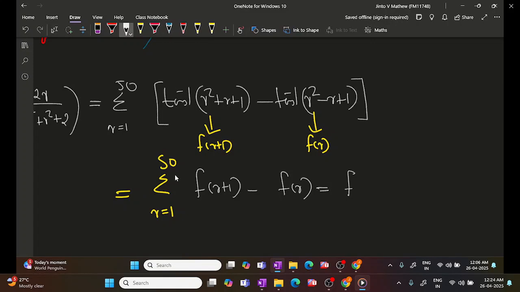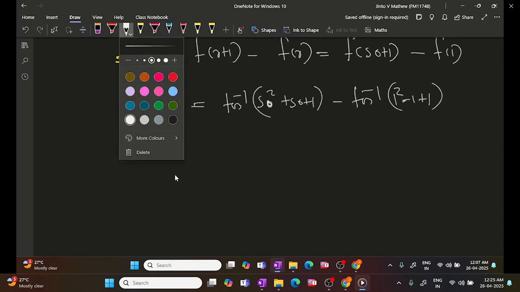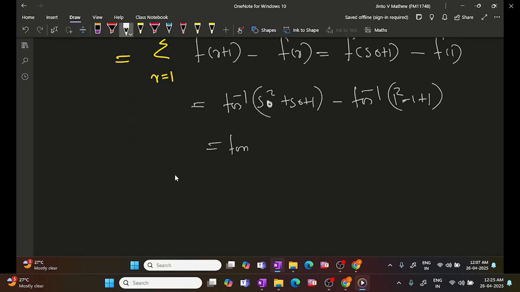This can be written as f of 50 plus 1 minus f of 1. From f of r plus 1, if we put r equal to 50, it is going to be tan inverse 50 square plus 50 plus 1 minus tan inverse 1 square minus 1 plus 1. So this is nothing but tan inverse 2551 minus tan inverse 1.